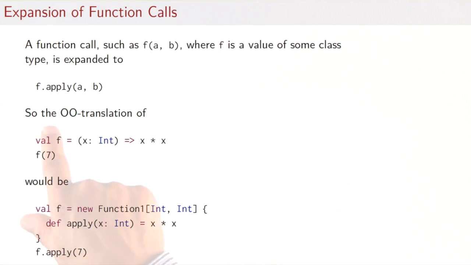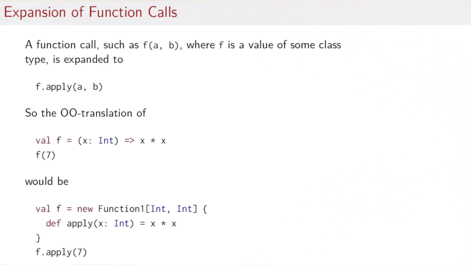So a complete object-oriented translation of this code, where we first create an anonymous function and then apply that function to the value 7, would be: we create an anonymous class instance with an apply method, name it f, and then call the apply method of f with the argument 7. So now you see that functions are objects.